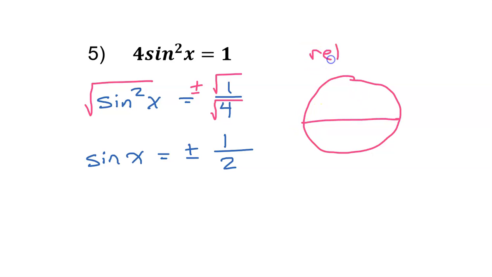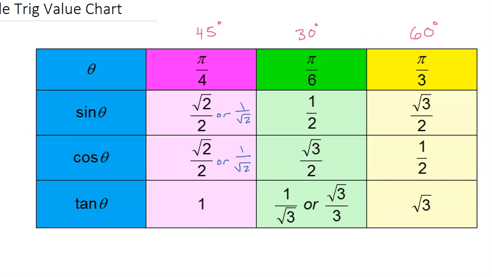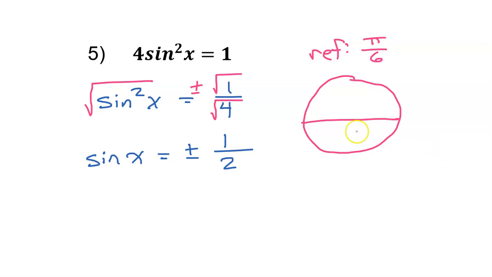Hopefully you were thinking pi over 6. The sine of what angle is 1/2? If you have your chart memorized, you know that the sine of pi over 6 is 1/2. That's why the reference angle is pi over 6.